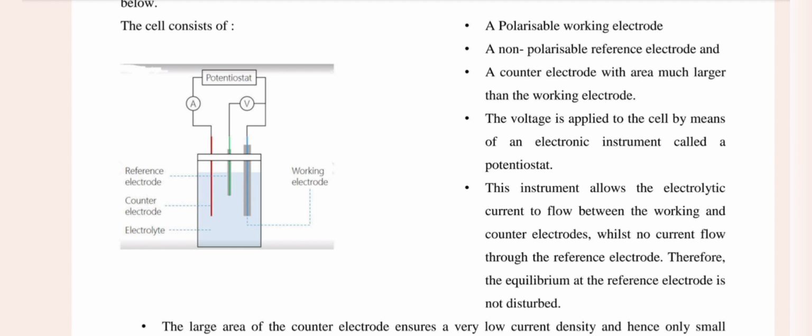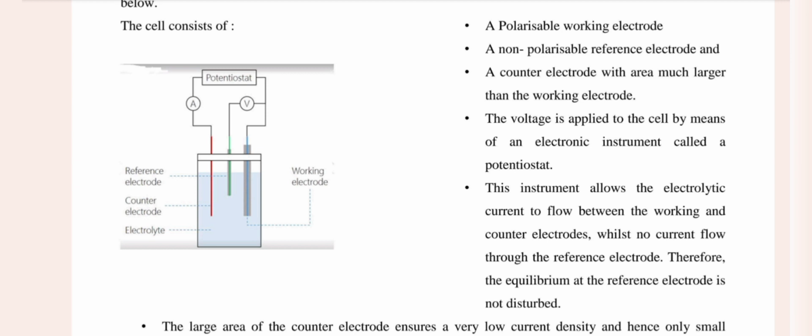For example, a working electrode example is the platinum electrode. For the non-polarizable electrode, a silver chloride or calomel electrode can be used. Then the third type of electrode is the counter electrode. Its area is much larger than the working electrode.